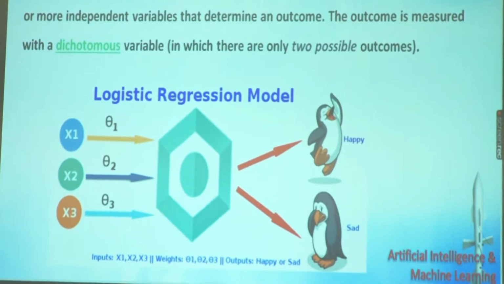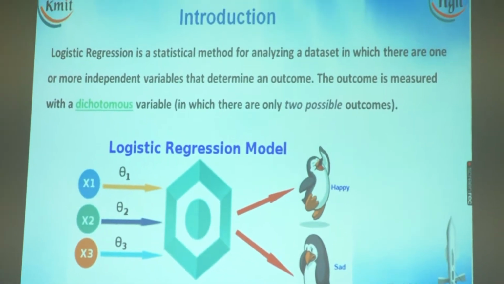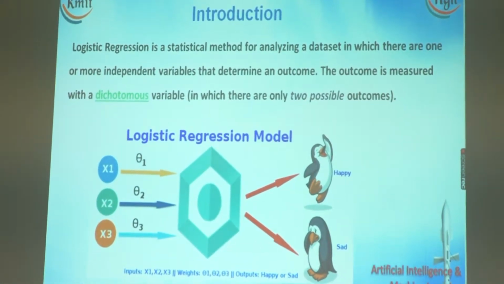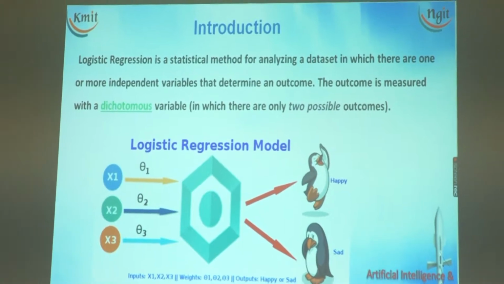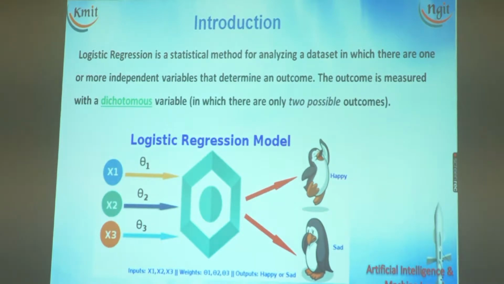So, we have an age. A person is handsome or not. If you want to define an outcome, always we refer with an age. Age means always we go with dependent or independent variables. When the outcome is measured with two possible outcomes, normally we go with logistic regression.